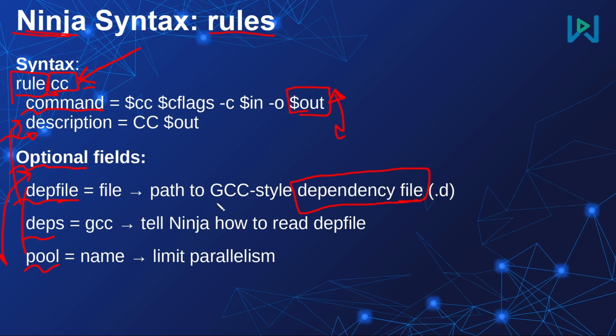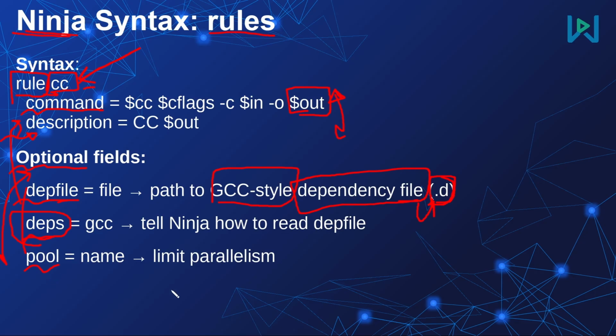This is more of a GCC style, where we are storing all those dependencies within a single .d file. We can specify to Ninja how to read and dump this .d file using the deps built-in variable. Here we are specifying the command or the tool needed to properly read this .d file.